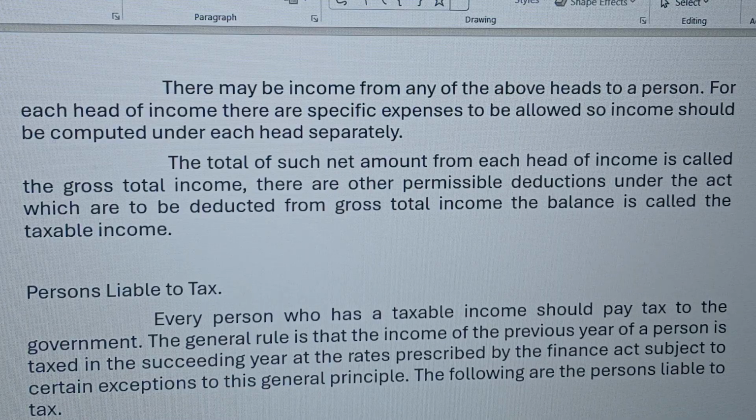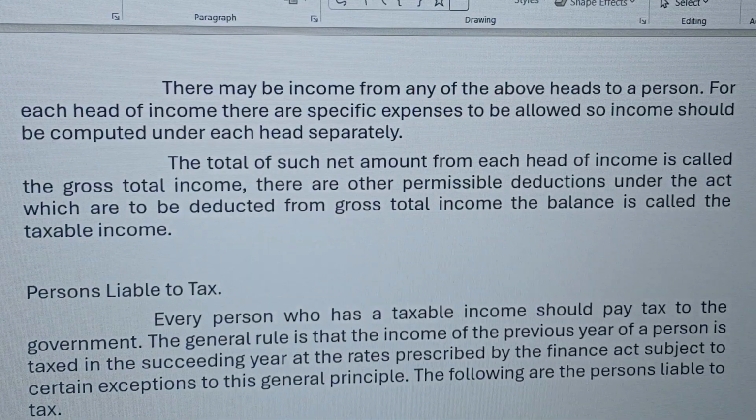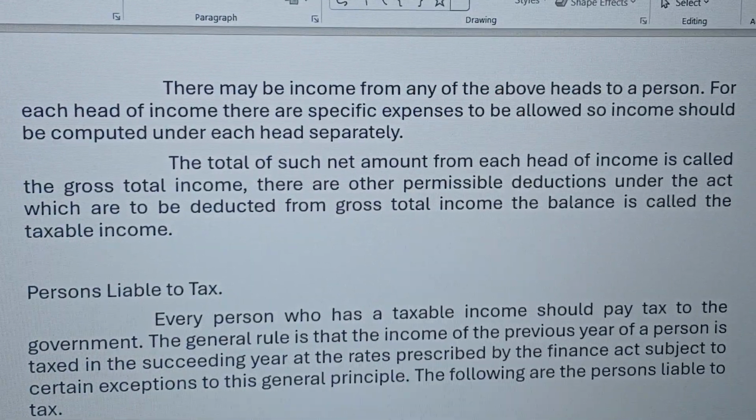After deducting the permissible deductions from the gross total income, whatever income comes is called the taxable income. On that taxable income, slab wise we will calculate the tax as per the rates applicable in the assessment year. This is regarding the levy of tax.